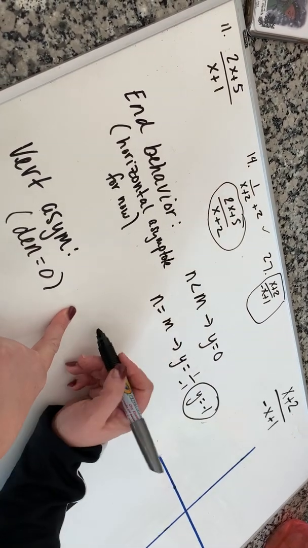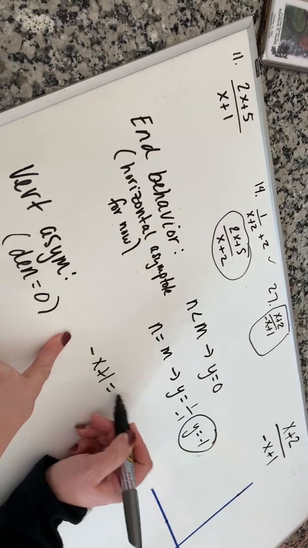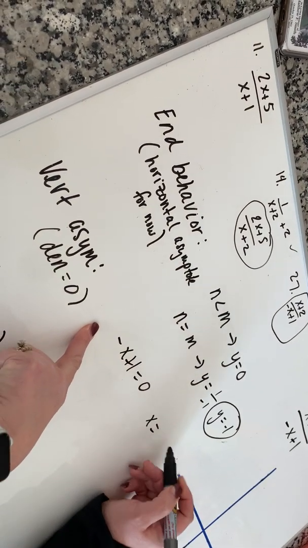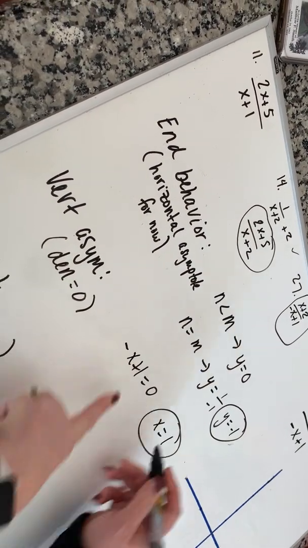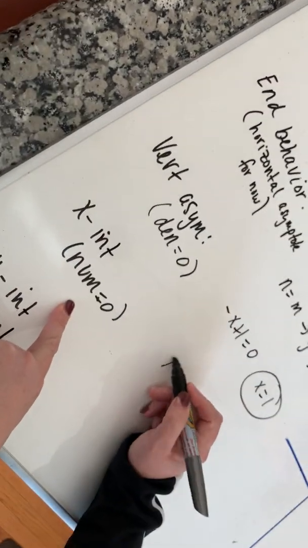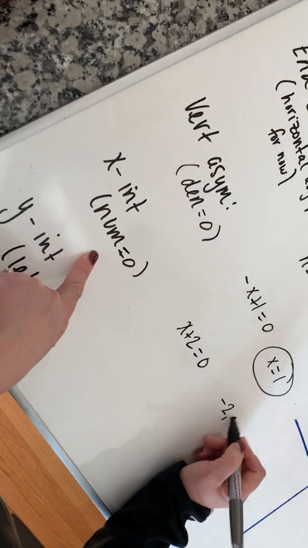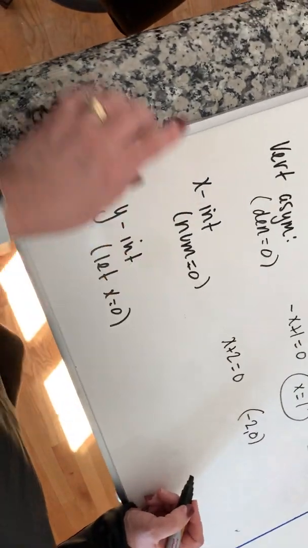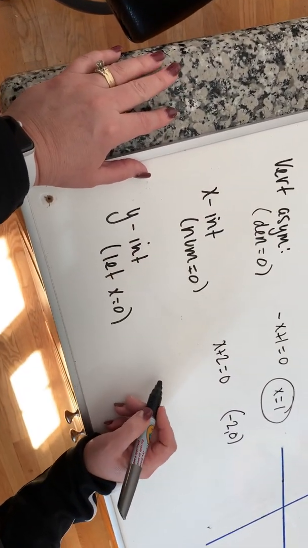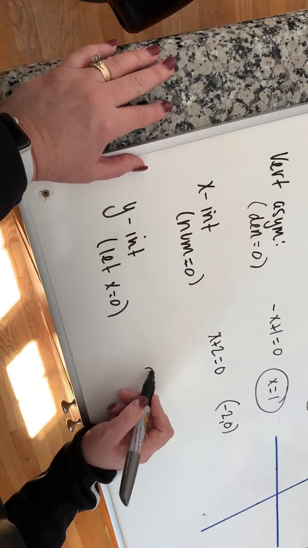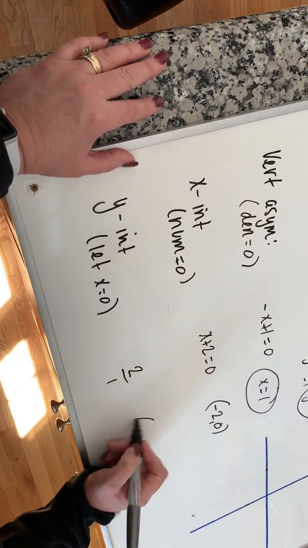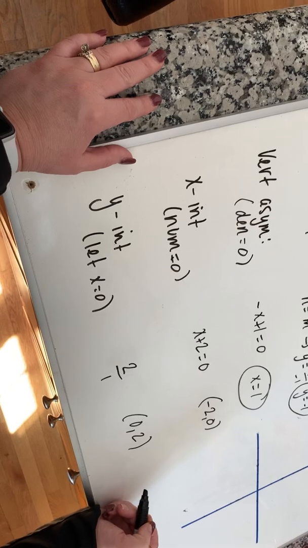My vertical asymptote, denominator equal to 0, so I get x equals 1. Numerator equal to 0, I get -2 for my x-intercept. Y-intercept, let x equal 0, I get 2 over 1, so I have 0, 2.